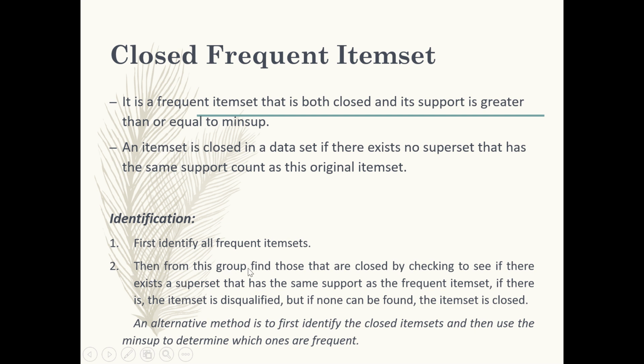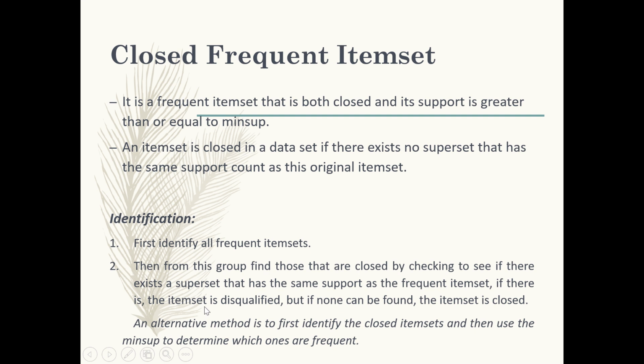From this group of frequent item sets, find those that are closed by checking to see if there exists a superset, something higher than that, that has the same support as the frequent item set. If you see that there is some superset in which support is the same, then you cannot say that this is closed.